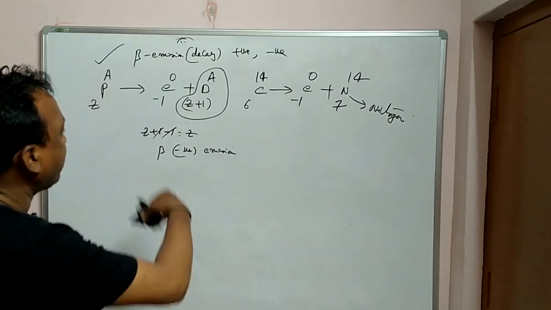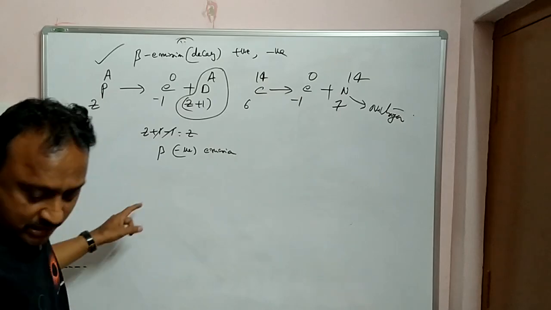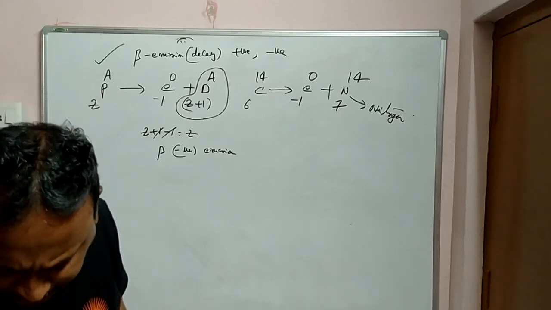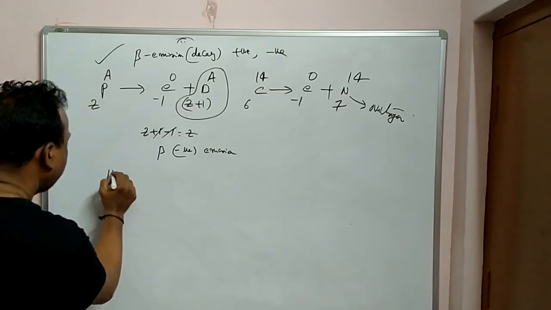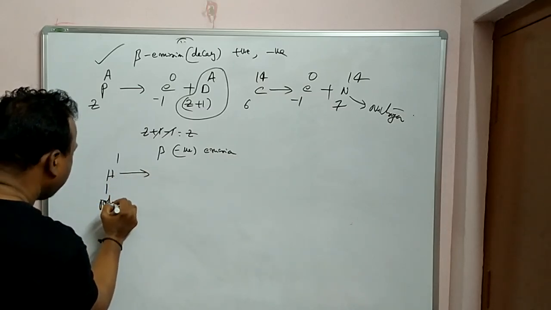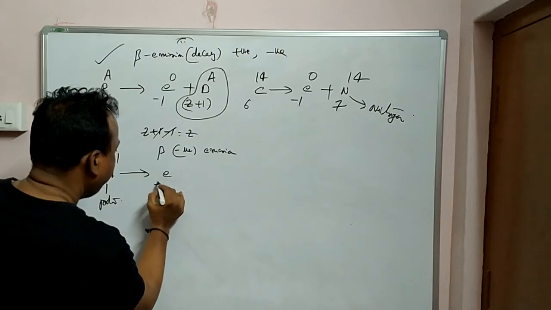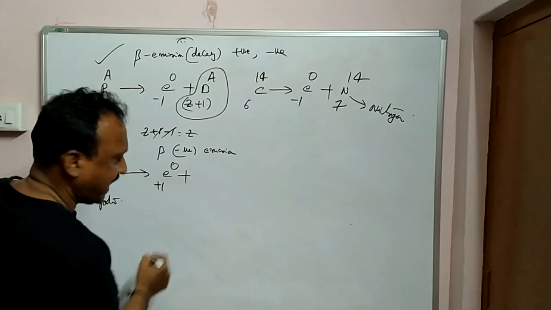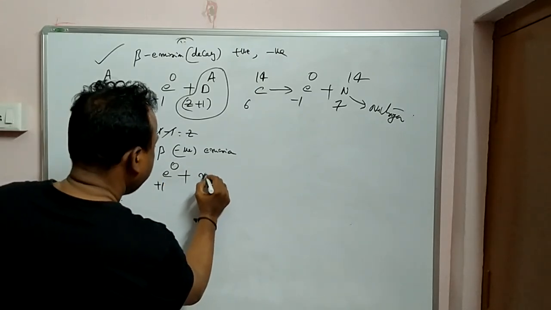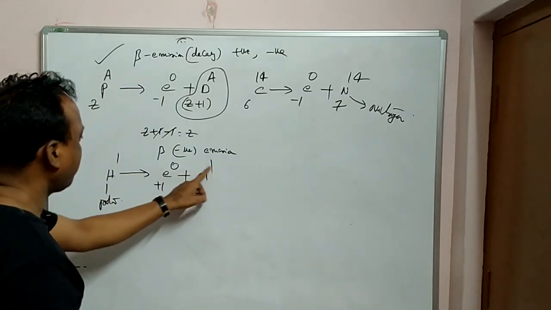Similarly, you can go for positive also. Positive decay: if you observe carefully, in positive decay a proton gives rise to e +1 0 plus n 0 1. What happened, you can see 1 plus 0, 1 0 plus 1 1.